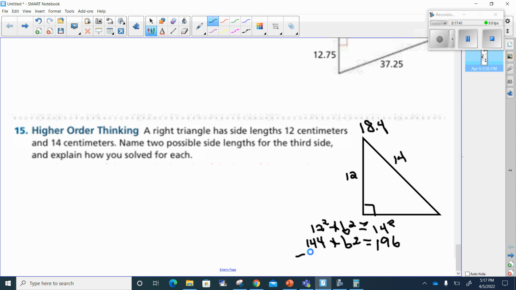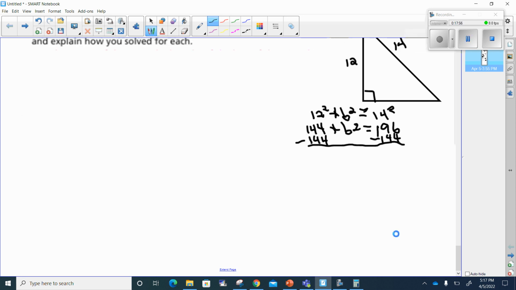Now I can subtract 144 from each side by combining my like terms. And that's going to give me 52.